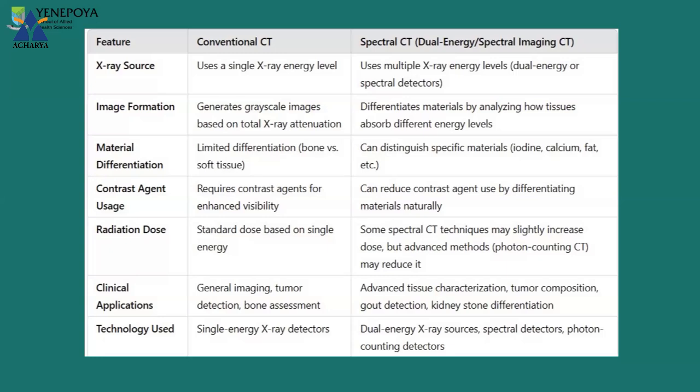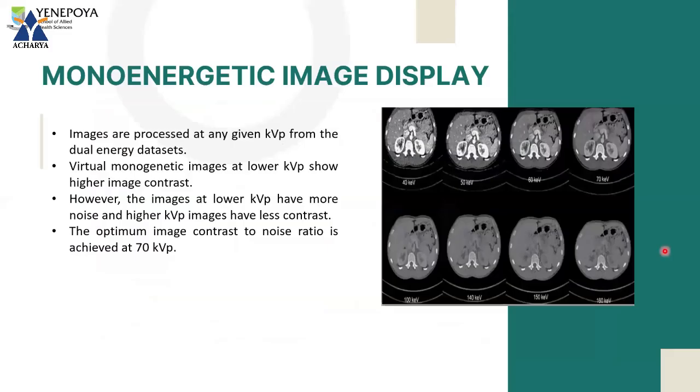If you take the images at 40 to 50 keV, it will enhance the contrast. See here, there is already enhanced contrast in the 40 keV image. It has noise, but the contrast in the image is also enhanced.